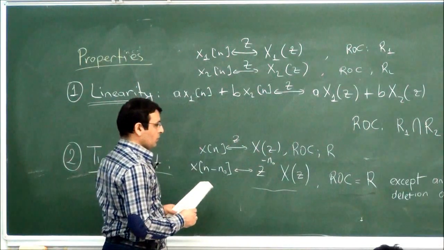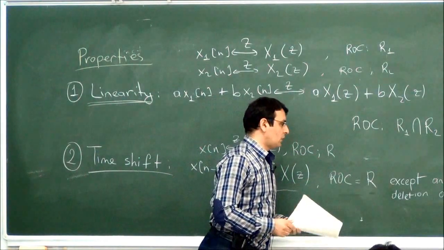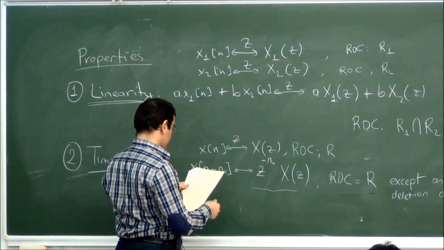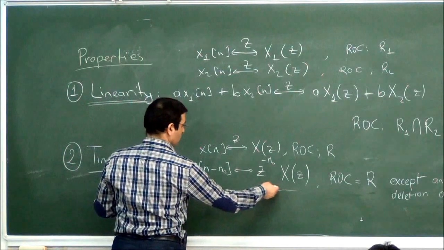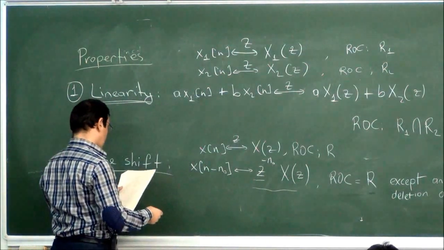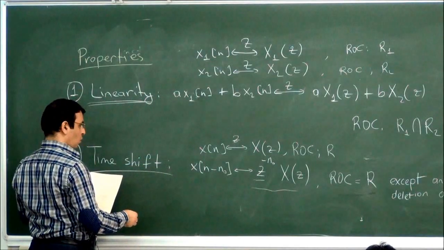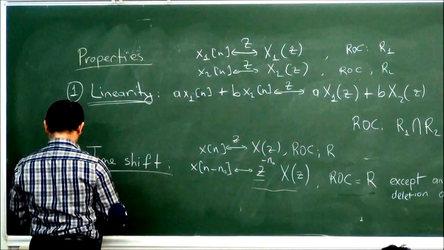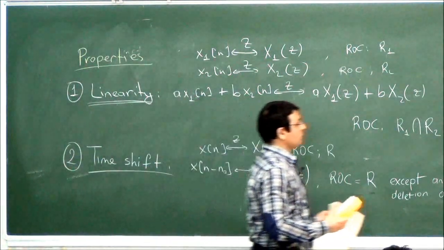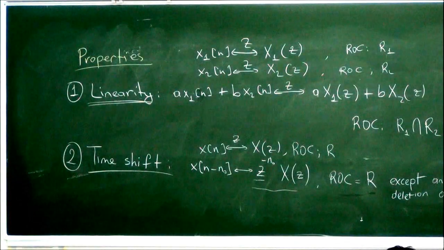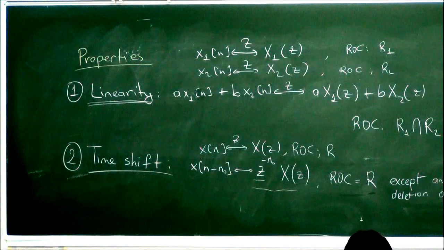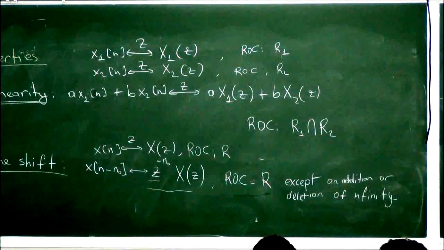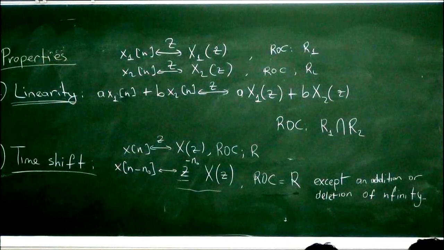The region of convergence will not change, but of course there can be some addition or deletion of infinity. Since we multiply the Z transform by z to the minus n0, there are some important points for the region of convergence of this expression.